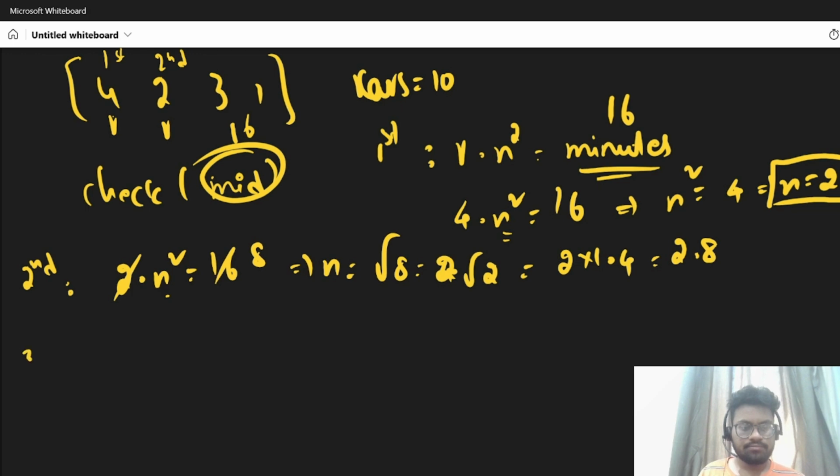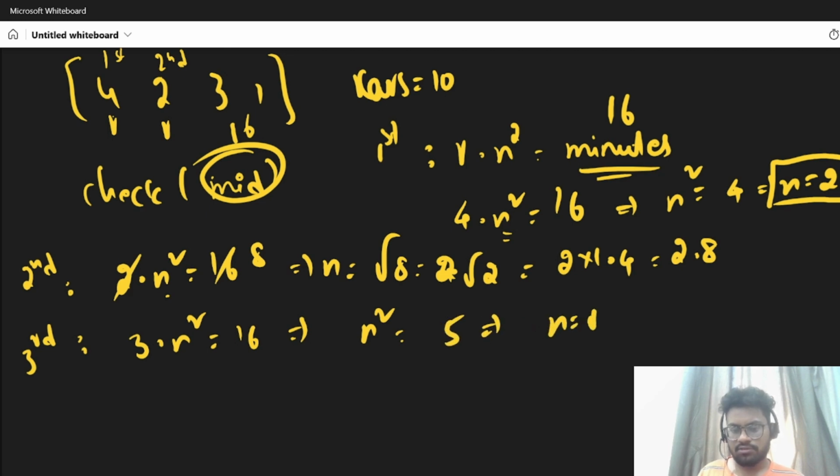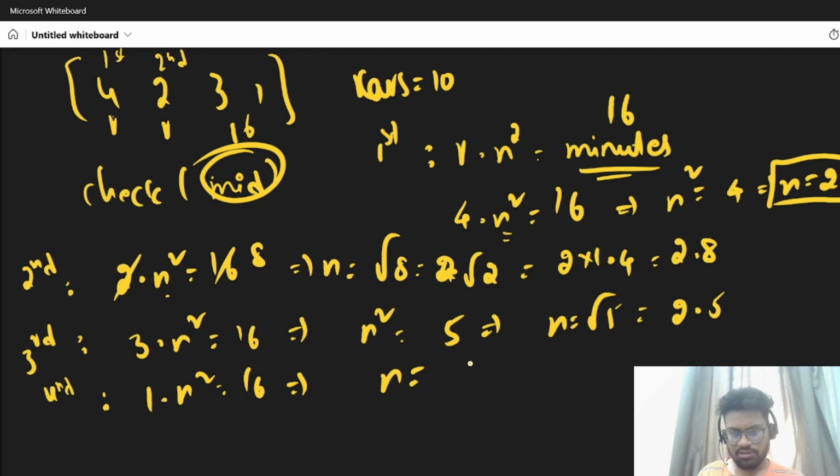Okay. And the third guy, 3 into n square equals 16, implies n square is 16 by 3, around 5, so n equals root 5, which is about 2.something, let's take 2.5. And the fourth, 1 into n square equals 16, implies n is equal to 4.